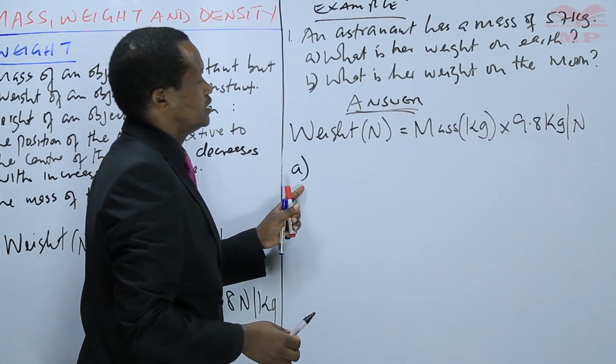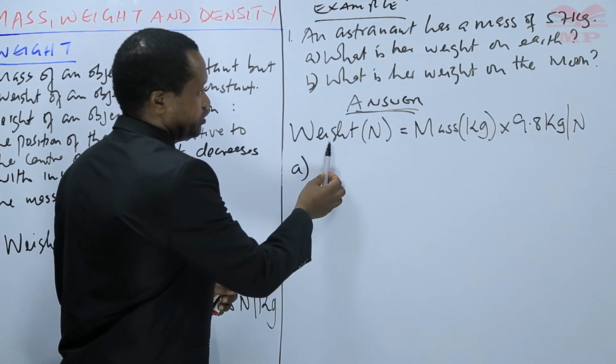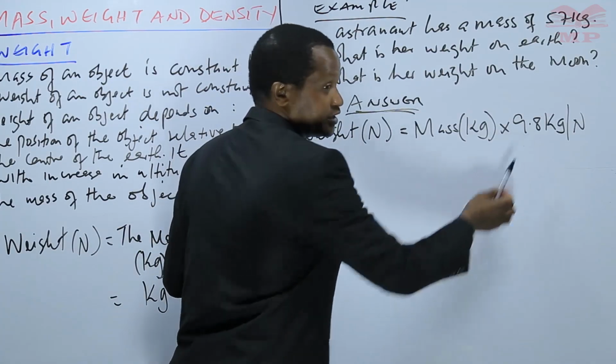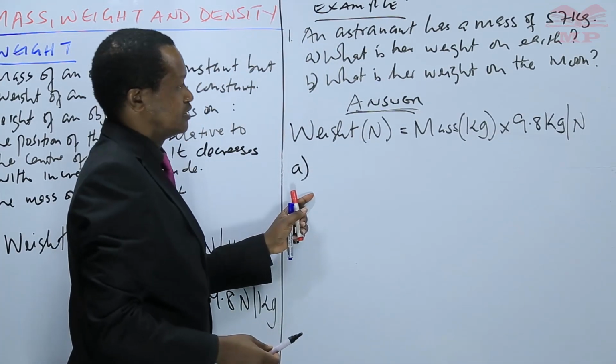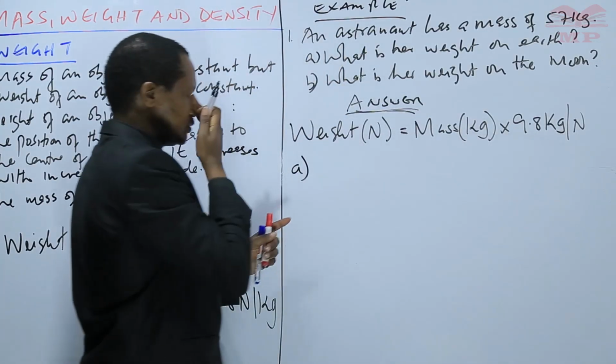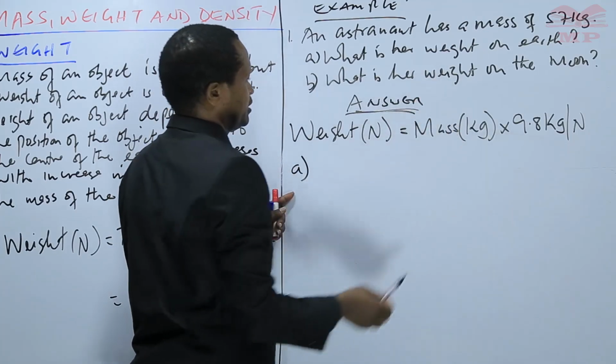We have the formula: weight is equal to mass times the surface gravity on the Earth, which is 9.8 newtons per kilogram. So the question is, what is her weight on the Earth?